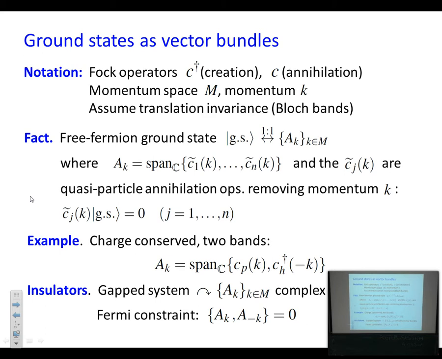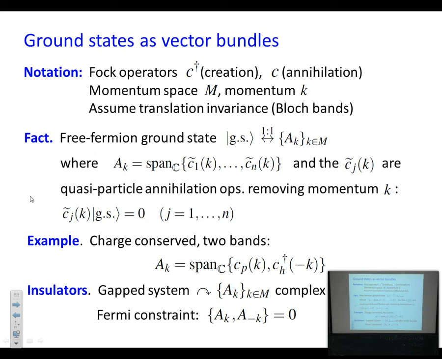Now, another important point is this one: even if there are no symmetries whatsoever beyond translations, which are needed, otherwise we don't have the setting of Bloch bands, there's still a condition which is to be satisfied by these spaces. It's the condition that you have on annihilation operators in the formalism of second quantization.